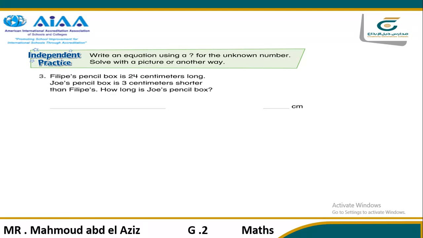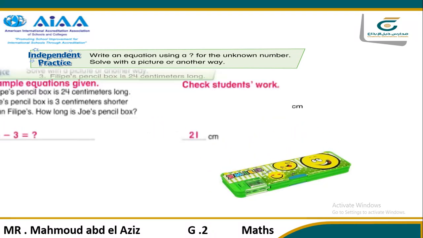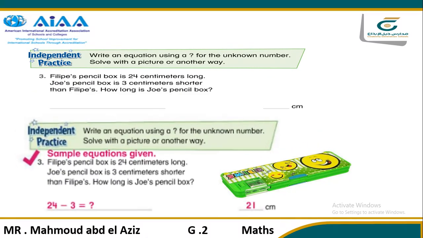You will add or subtract here. We have your box is 3 centimeters shorter. So that's a pencil box. So what you will do, excellent, you will subtract. So 24 minus 3 equal unknown measurement.